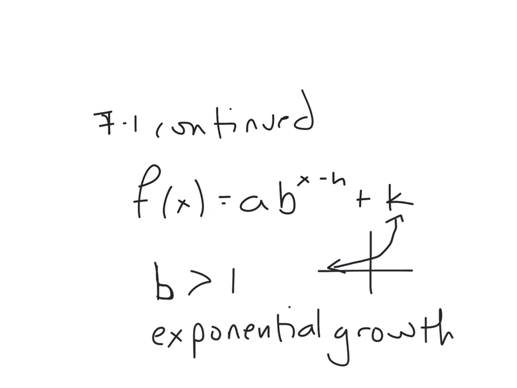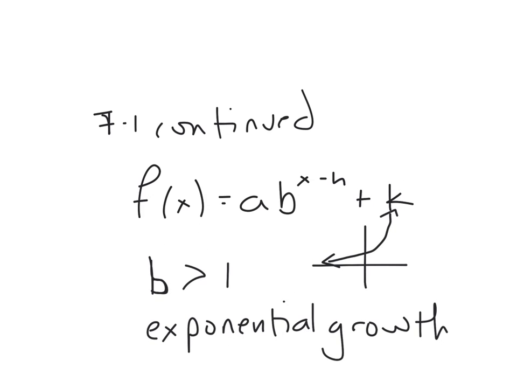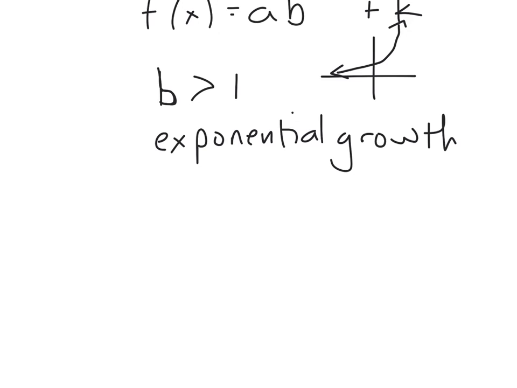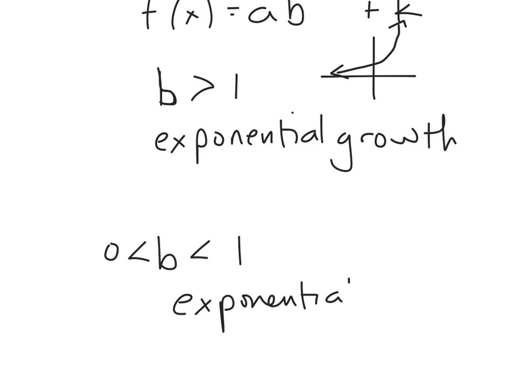However, if b is greater than 0 but less than 1, then it is called exponential decay. And that graph looks like this.